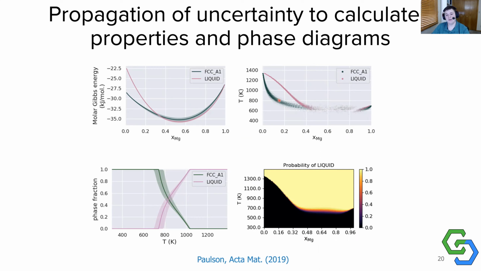I'll talk about it a little more after the demo, but plotting the uncertainty of the phase boundaries. Here we've plotted the uncertainty in the phase fractions at a particular composition of magnesium. And then here is just another way to visualize this diagram, where we can look at the probability of some amount of liquid being stable.